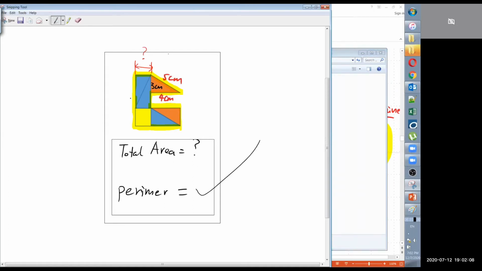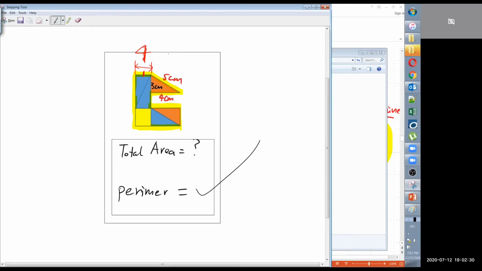What's that? There is 4. Wait, you are saying this is 4? This one?